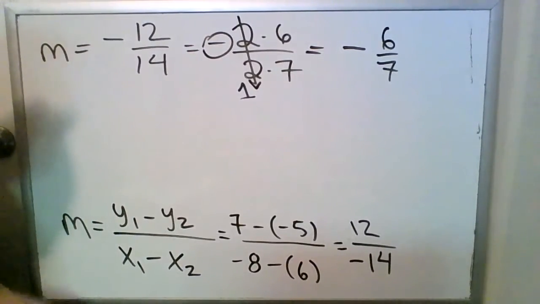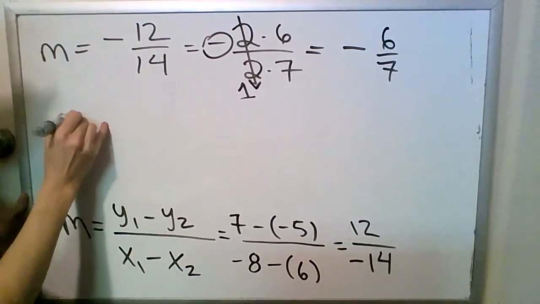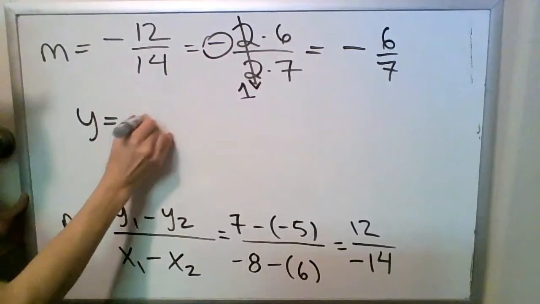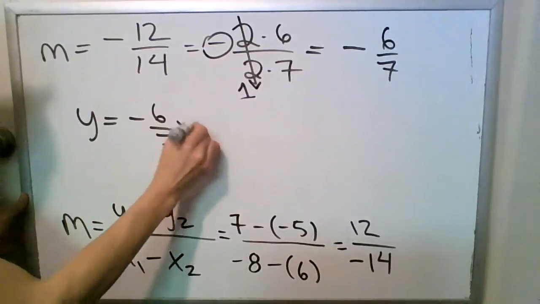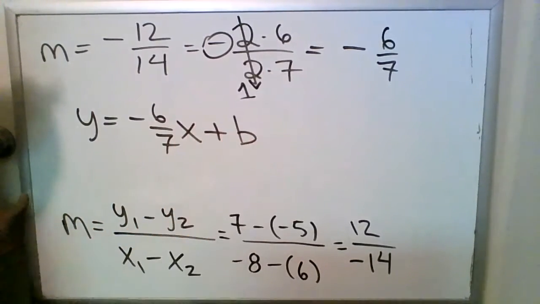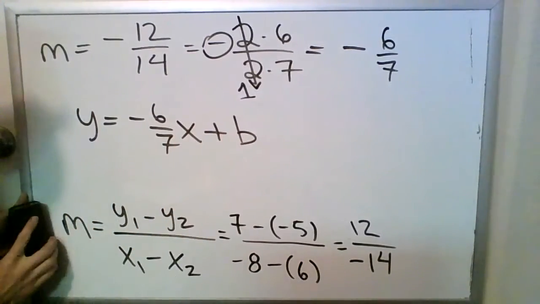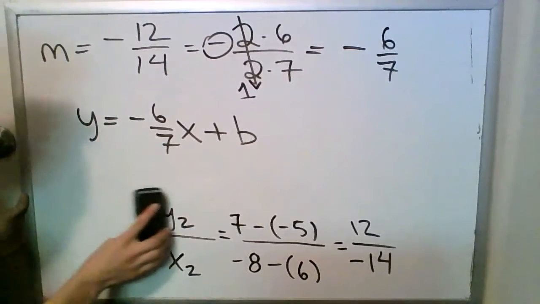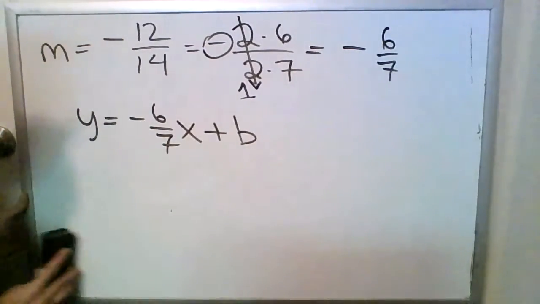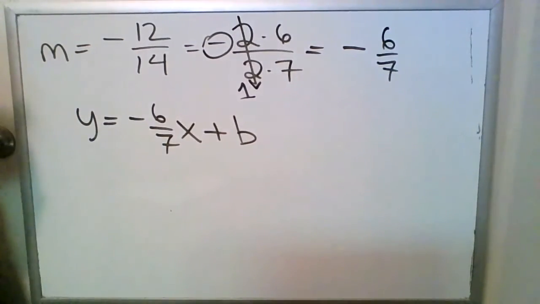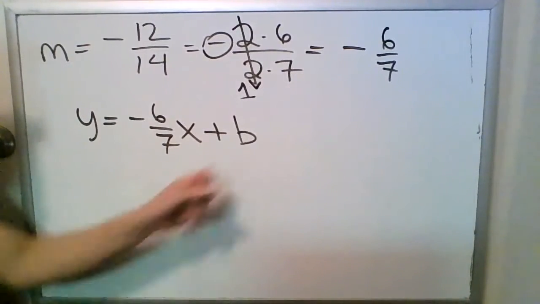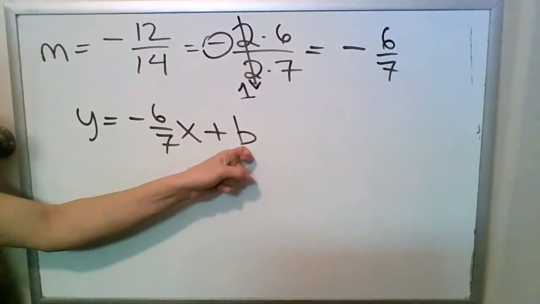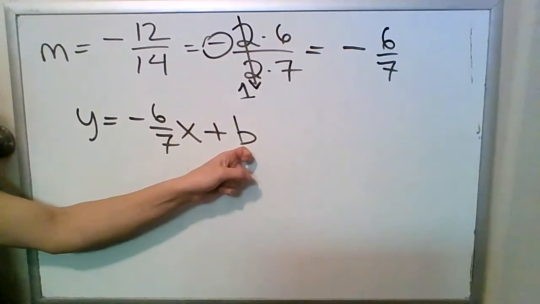All right, now that I have this slope, I want to at least start with y equals -6/7 x plus b.